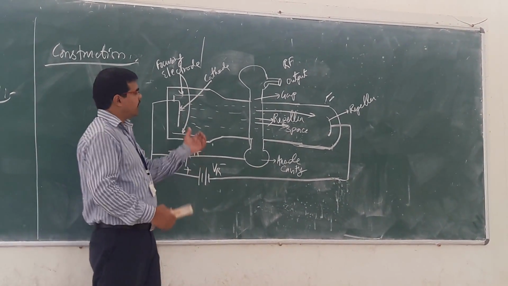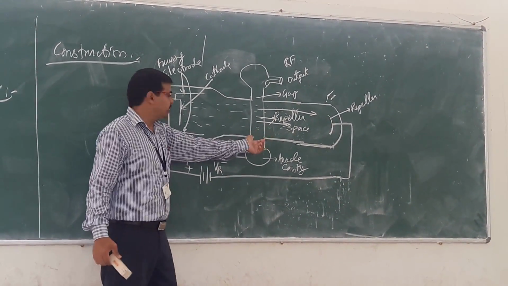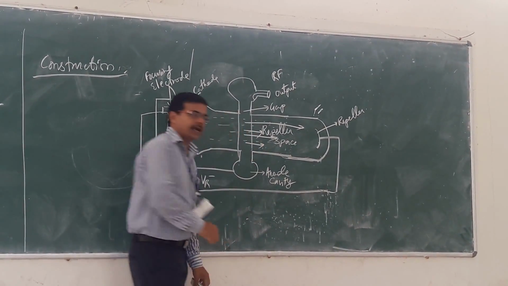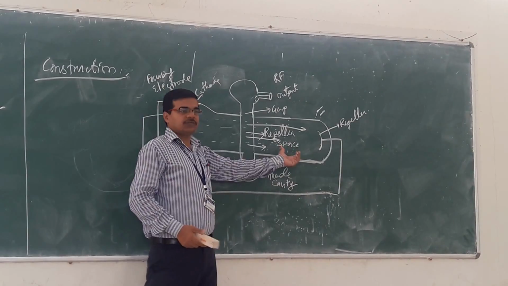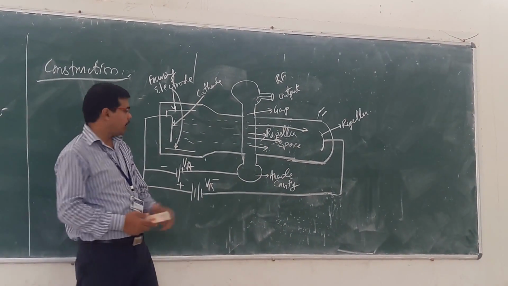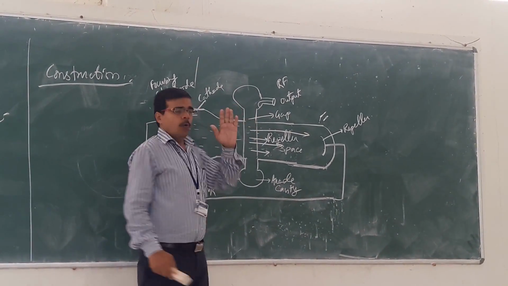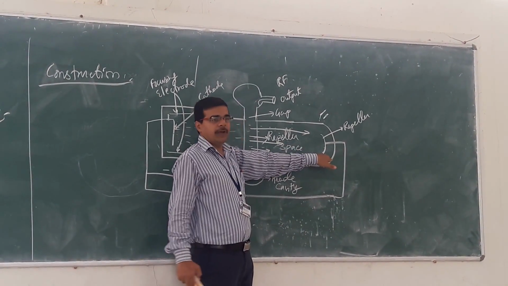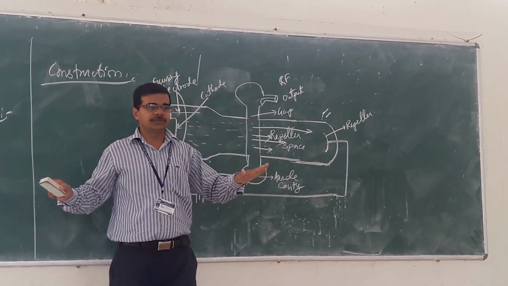On the other hand, when the electron reaches the gap, and during that time you are having the negative voltage, the penetration of the electron in this repeller space will be less. Okay. And one thing is there, that the electron will never reach the repeller. It will never reach. Okay.